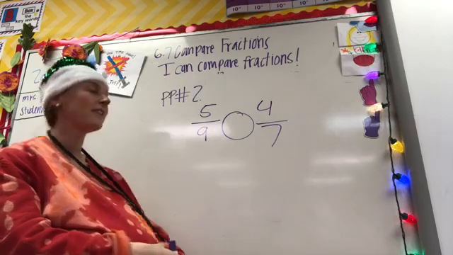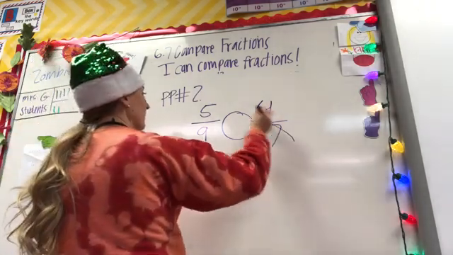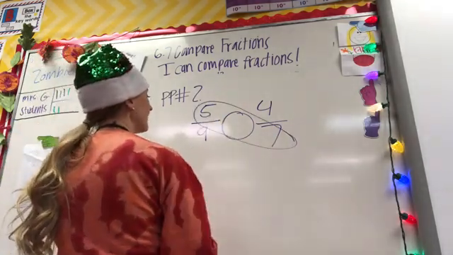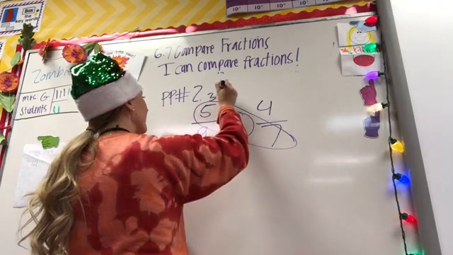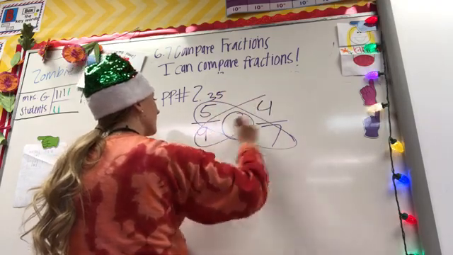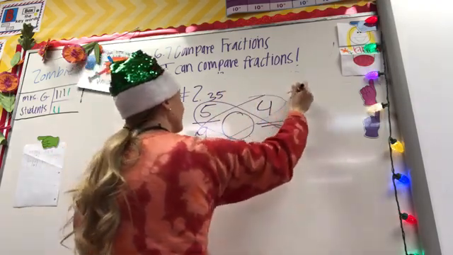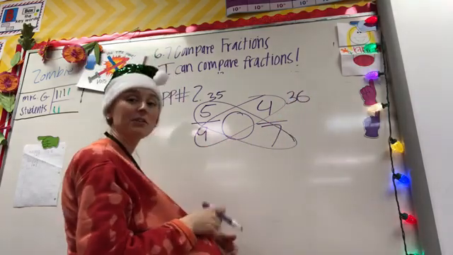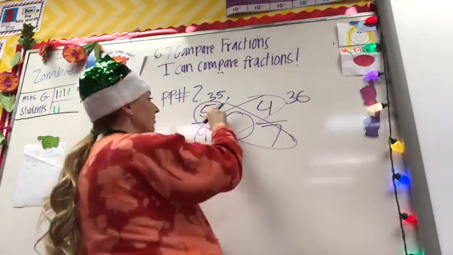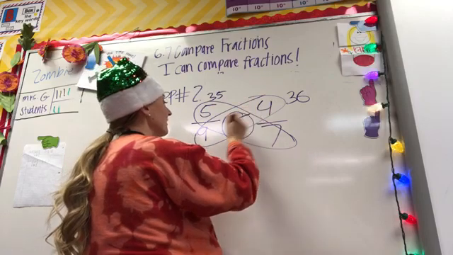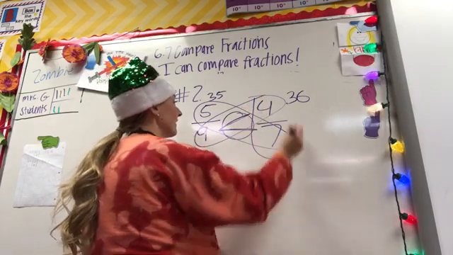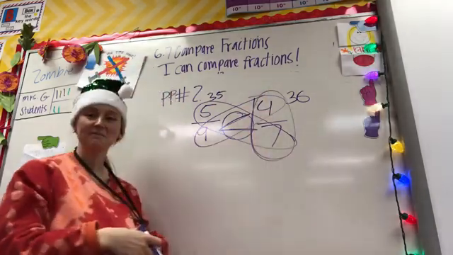All right, do my X method. 7 times 5 is 35. 4 times 9 is 36. Wow, this one was super close. What's bigger, 35 or 36? 36, so 4/7 is the greater number.